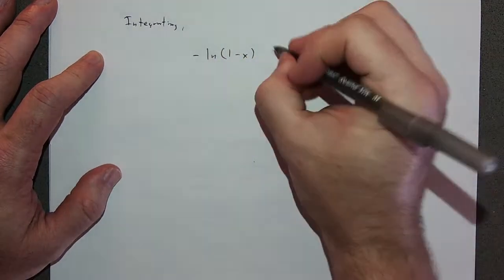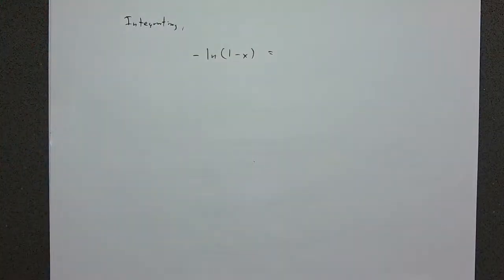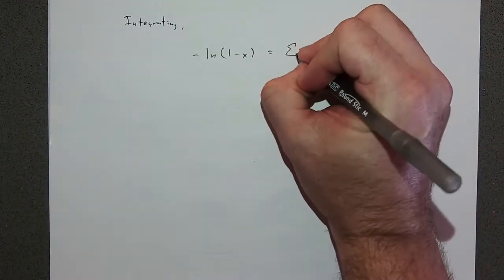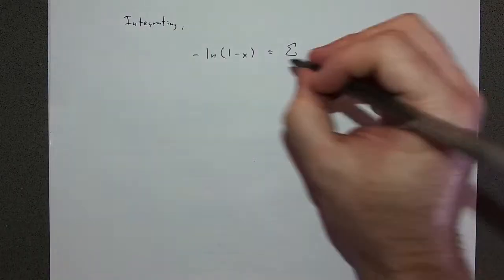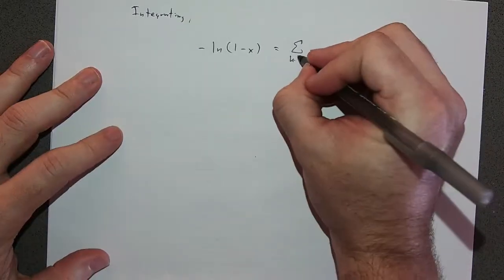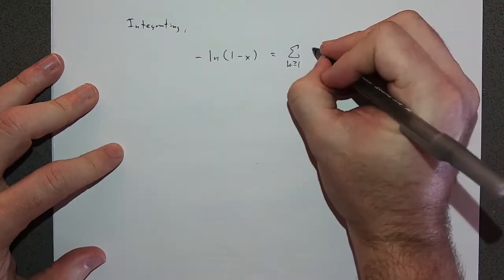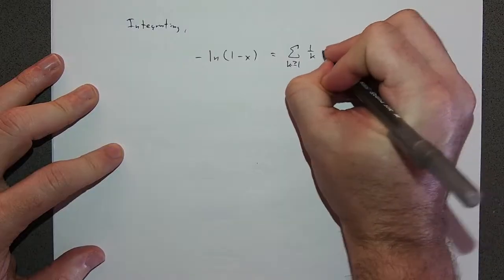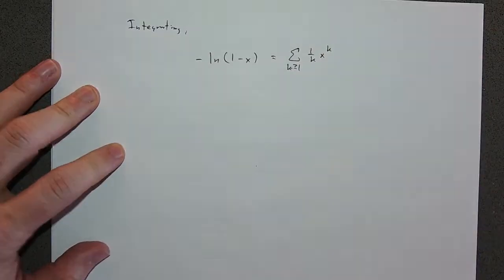And that is equal to, integrating here, the sum k bigger than or equal to 1 of 1 over k times x to the k.